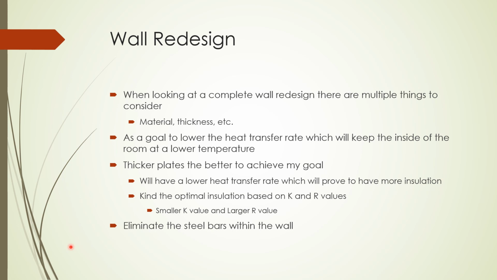The type of insulation we will want to choose will be based on the K and R values: a smaller K value and a larger R value. And then we would also want to eliminate the steel bars within the wall because those would not be beneficial for our goal. Thank you.